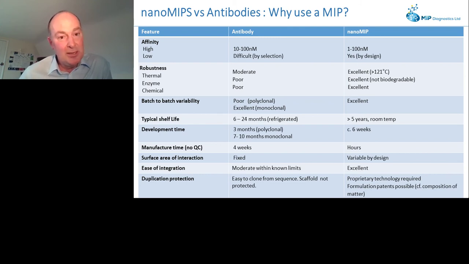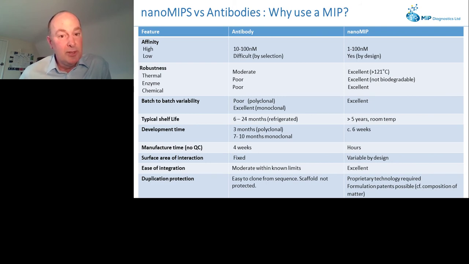But if we gather the populations, then typically NanoMIPs are equivalent in terms of their affinity to antibodies. They're high affinity. We also have the ability to make lower affinity NanoMIPs if that's required for a project. You might want something to bind and then be released for separation, for example, or sensors in real time.